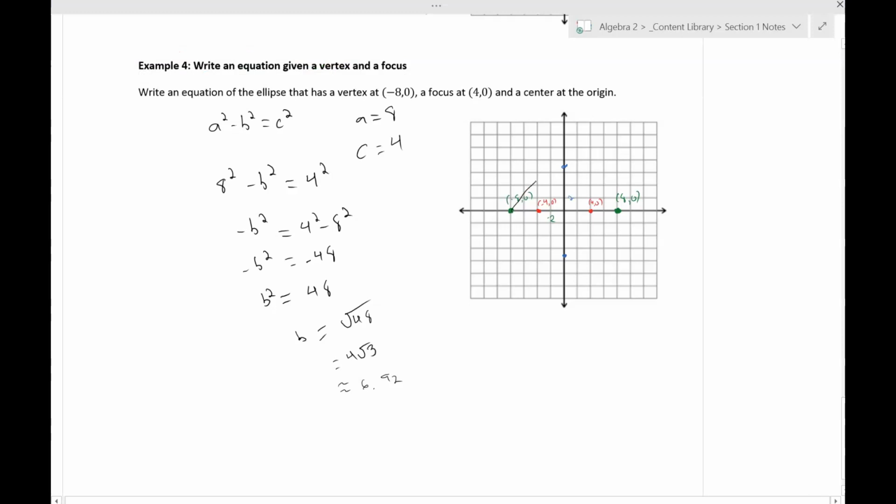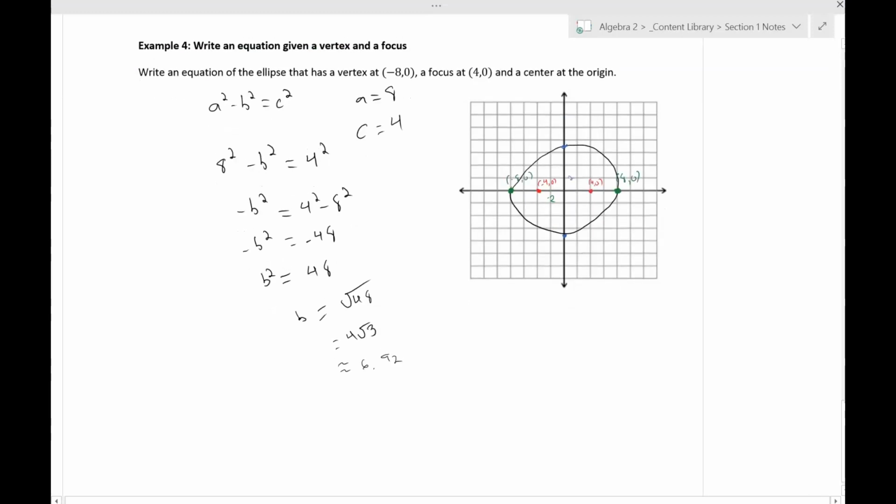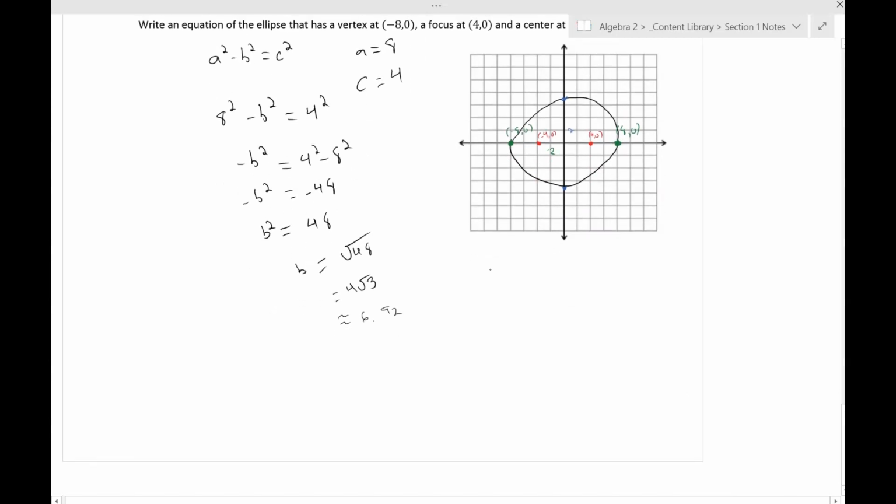We want the equation of the ellipse. That's not an all-time great ellipse, but that's okay. We know x squared plus y squared equals 1, with each over something: x squared over something, y squared over something. You have to think, where's the larger value going to go, under the y or the x value? Since this is a horizontal ellipse, it's going to go under the x value.